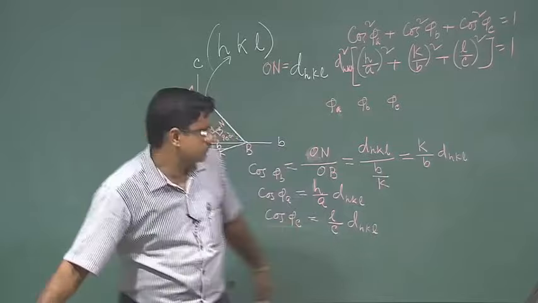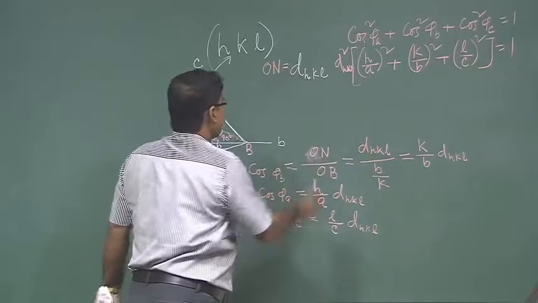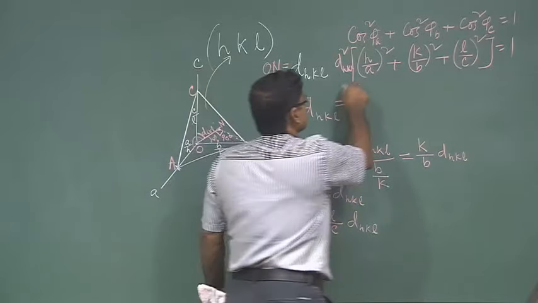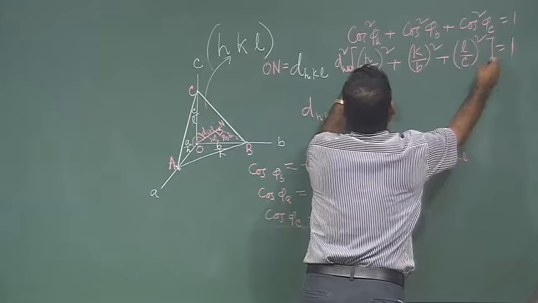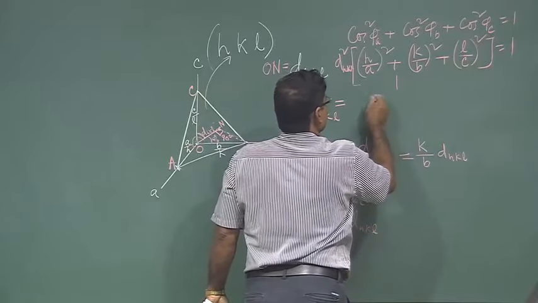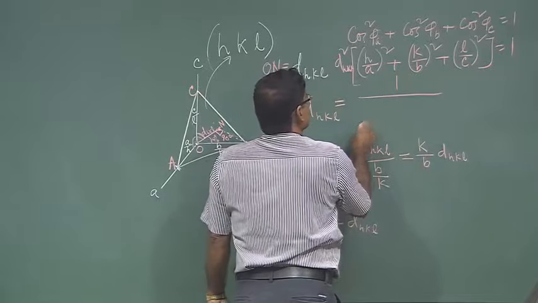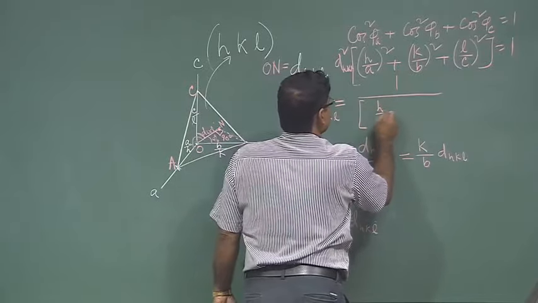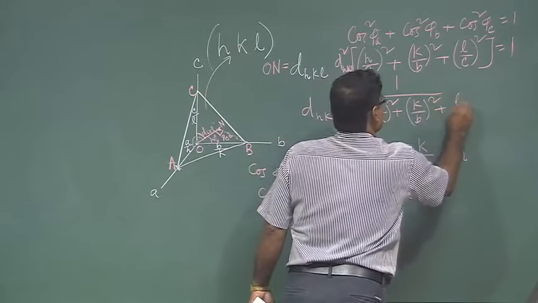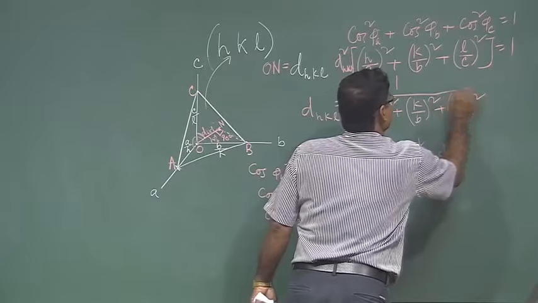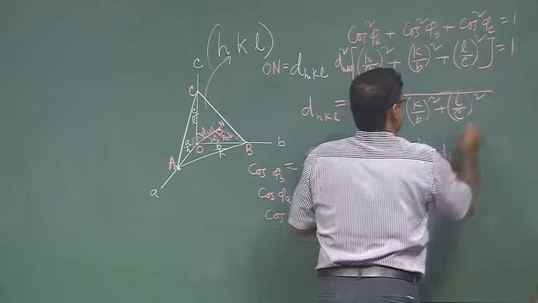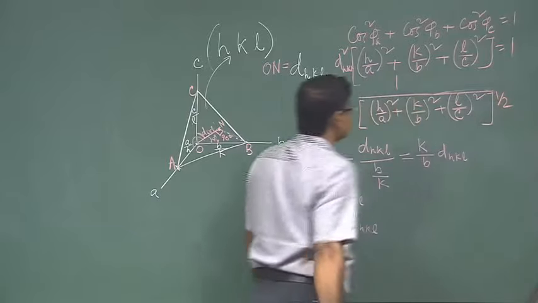Okay. So I can write that DHKL equal to 1 by the square root of that, so it will be 1 by H by A whole square plus K by B whole square plus L by C whole square, whole to the power half, right.